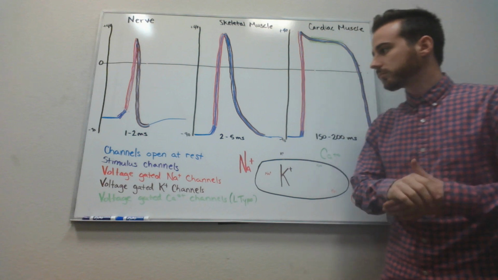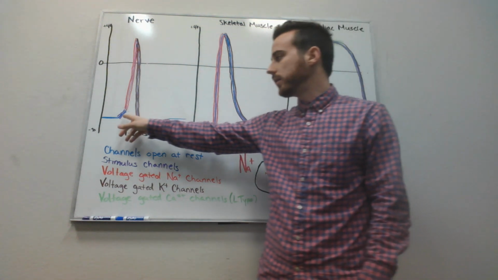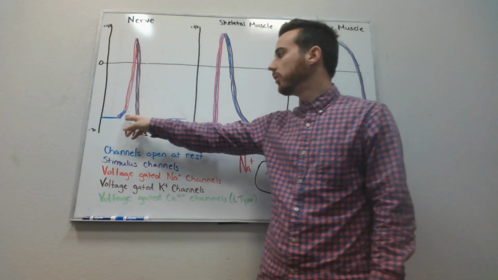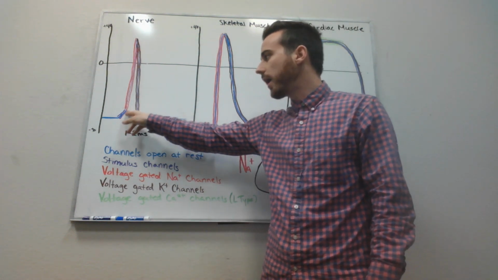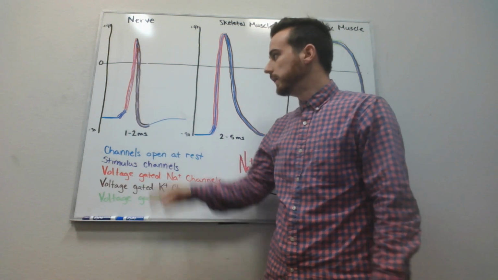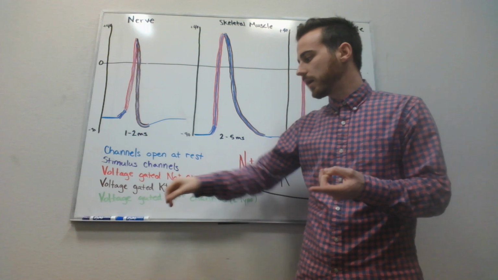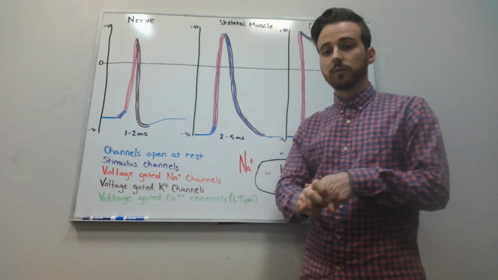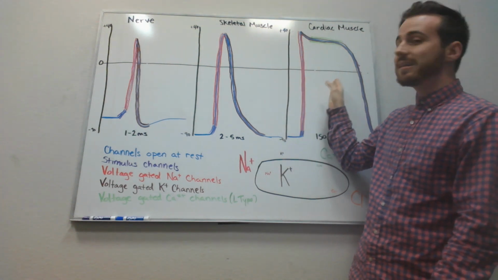Okay, so when the stimulus channels are opened in nervous tissue, that's where we get this rise until we get to threshold. Now, at threshold, both sodium and potassium channels will be activated in nervous tissue, skeletal muscle, and in cardiac muscle.